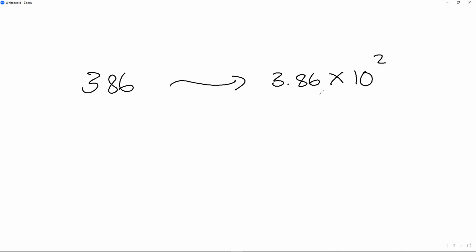So what does this mean? It means that if I've got 386 and it becomes 3.86 times 10 to the power of 2, the decimal moved 2 spaces to the left.